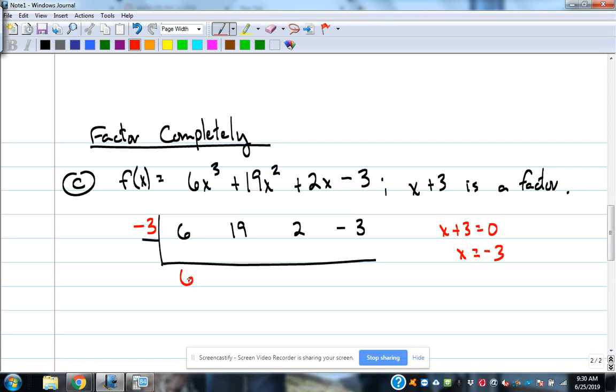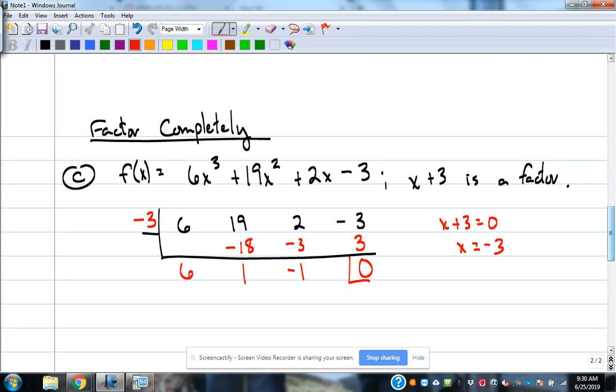So drop the 6 down, multiply. That works out pretty nice. Negative 3. Negative 1 times negative 3 is positive 3. And there's that 0 that they told me I should get as the remainder. Okay, because they told me it is a factor. Then I know I got that.